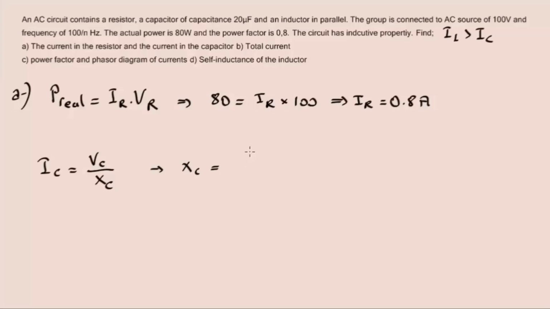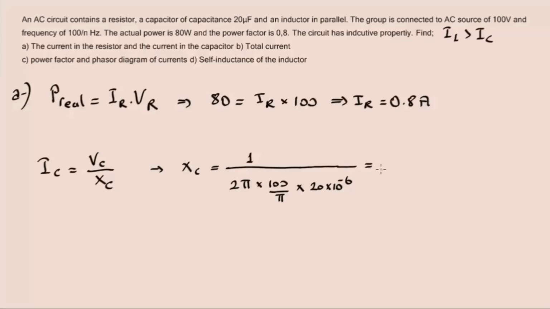XC equals 1 over 2 pi F C, where F is 100 over pi and C is 20 times 10 to the power of minus 6 farad.